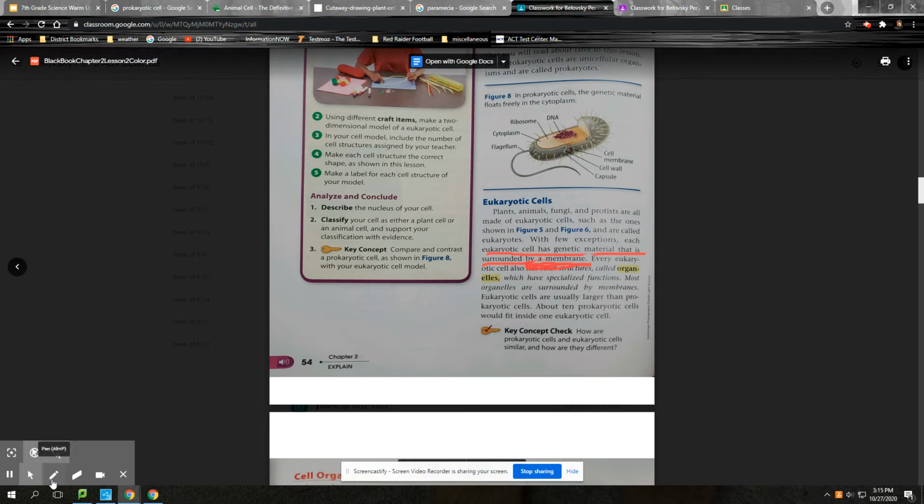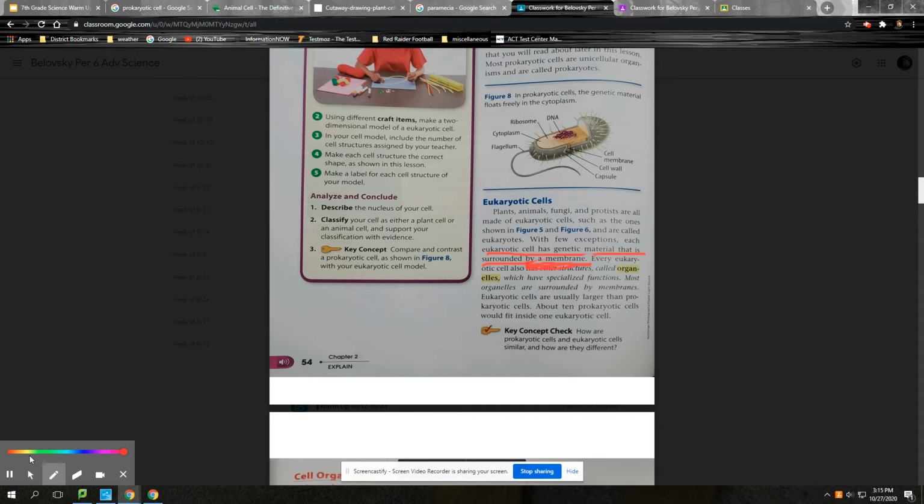And another word that we need to get is organelles. So what is an organelle? Organelles have specialized functions, and most organelles are surrounded by membranes.